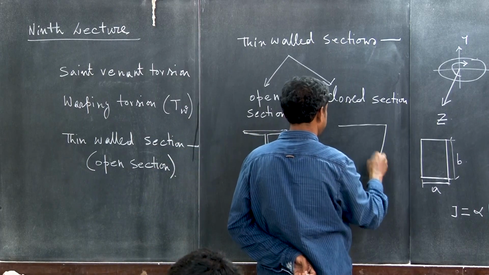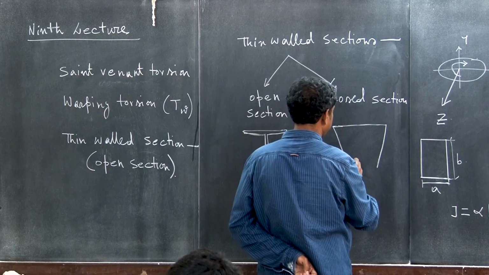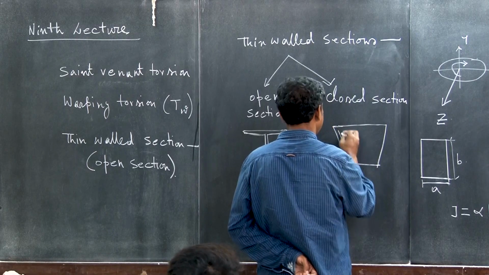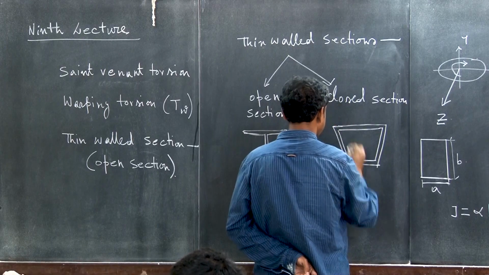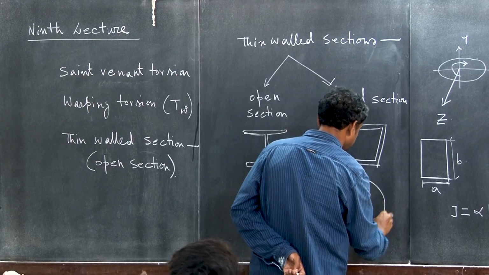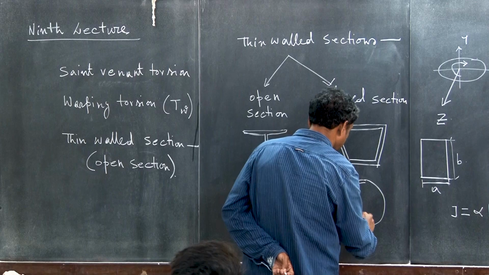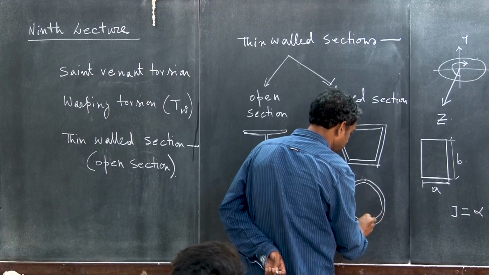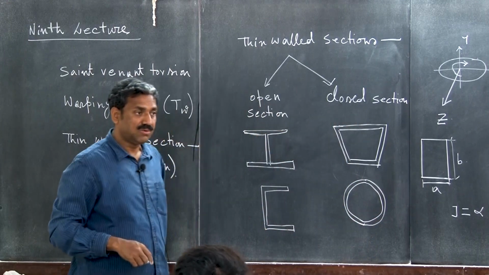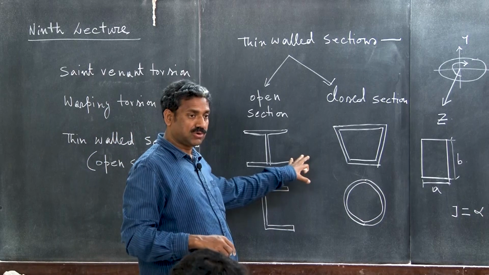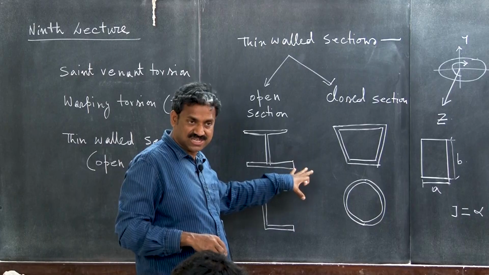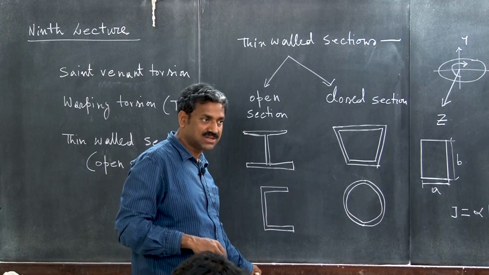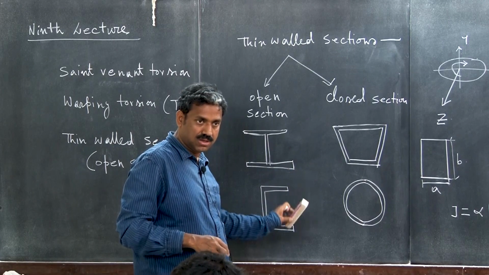A closed section is maybe, if it is trapezoidal, like what we use in a box girder, something like this, and maybe this circular section. All these things you have learned in the mechanics course, thin wall section torsion. How did you find out this torsion? Was torsion discussed there in the mechanics class or not?